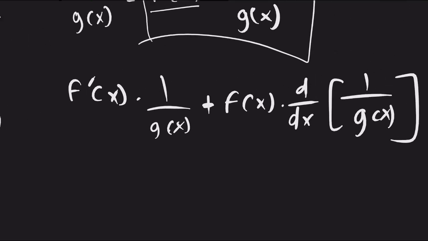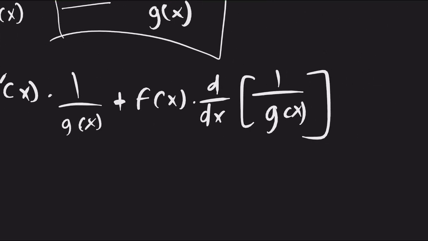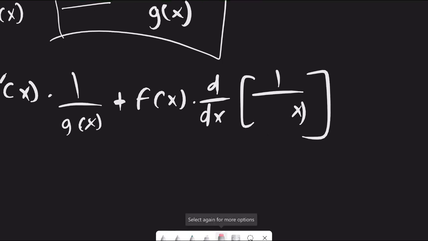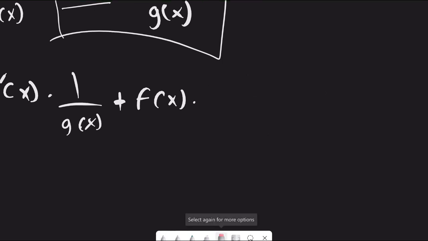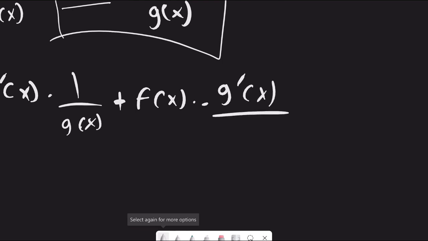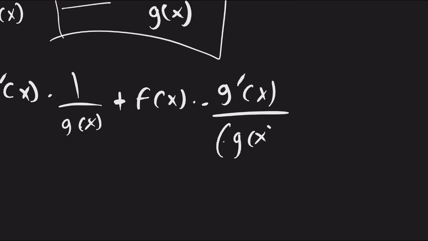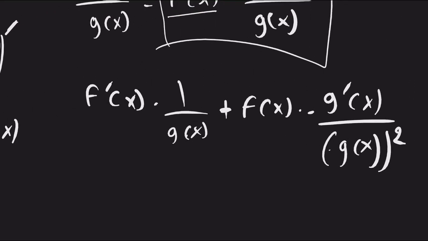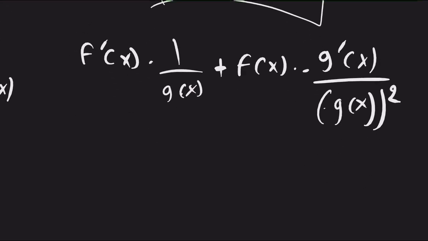So we can write that as negative g prime of x, divided by g of x squared. So this is how you would write the derivative with respect to x of 1 over g of x.